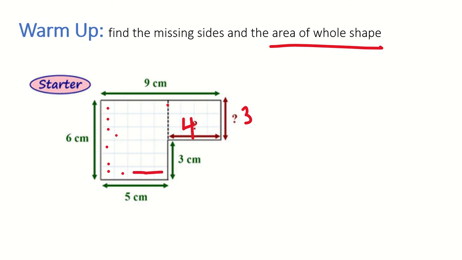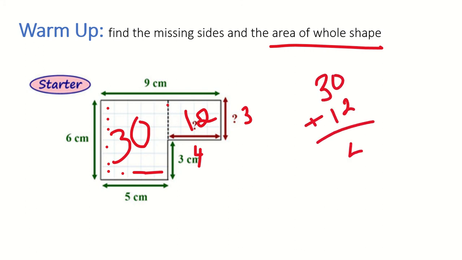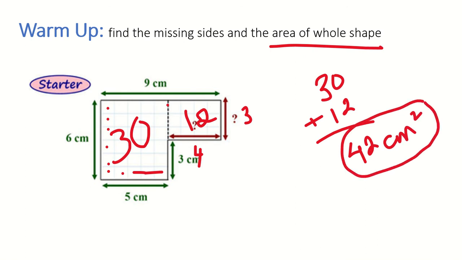So 6 times 5 is 30. So you've got 30 in this larger rectangle. And for the smaller rectangle, you could sit there and count every single square, or you could do 4 times 3, that's 12. So together, 30 squares plus 12 squares is a total of 42 squares. And so the area of this shape is 42. We did that by counting the squares.